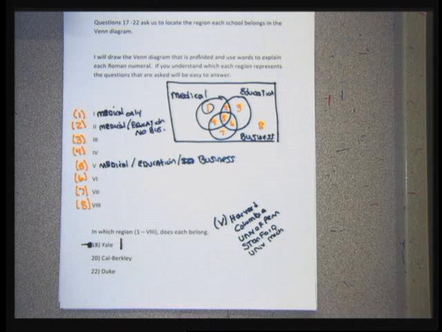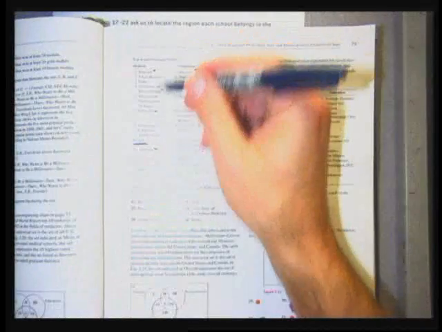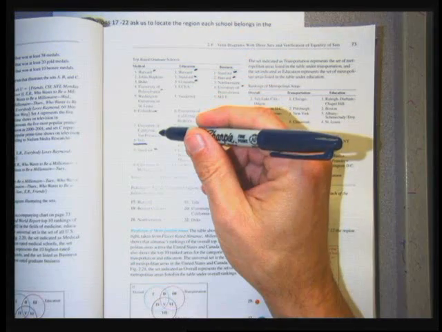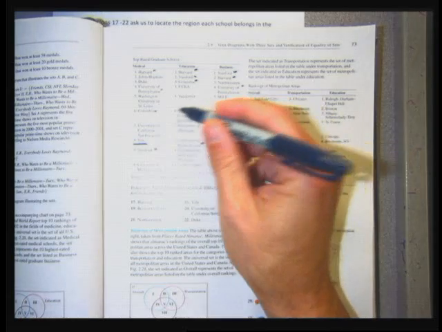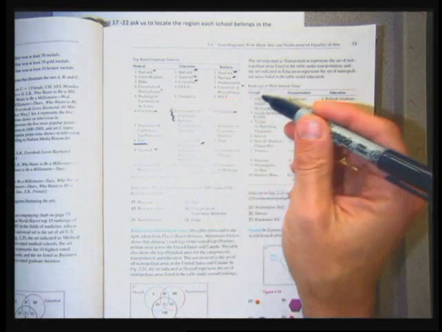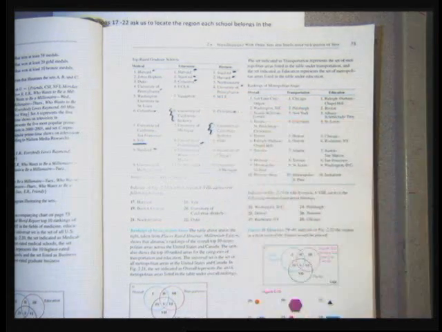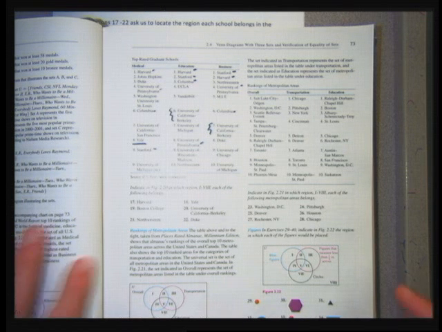If I wanted to place Cal Berkeley in one of these 8 regions, then I'd go and I'd look for Cal Berkeley. In the medical schools, I see Cal San Francisco, which isn't Cal Berkeley. I see Cal Berkeley in the education column and in the business column. So the region of the Venn diagram where I'd put Cal Berkeley is the region that has both education and business but not medical.